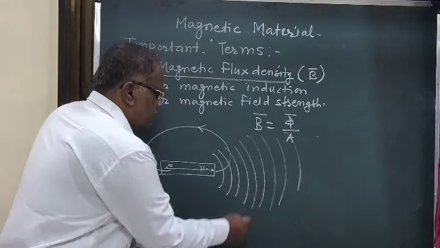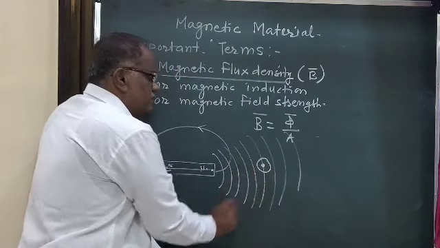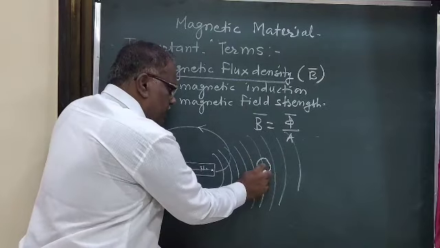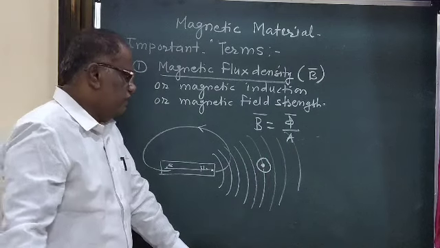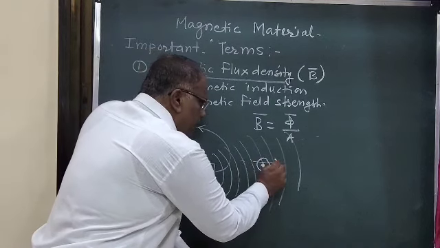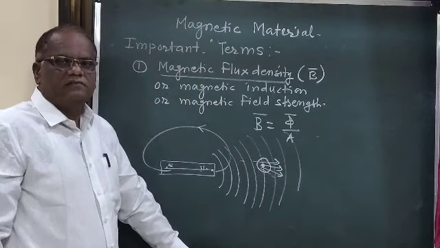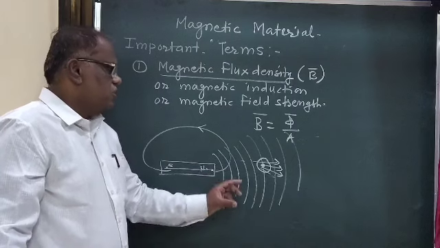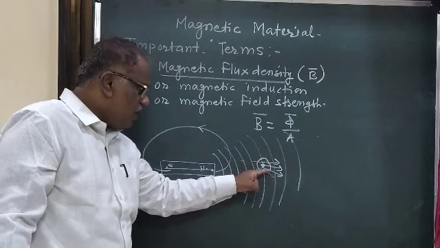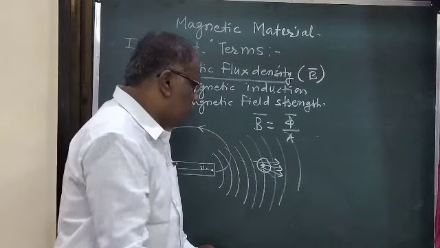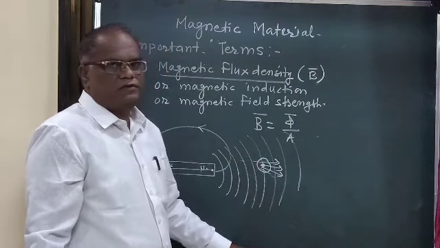Now if we have to find the magnetic induction or magnetic flux density or magnetic field strength at this point in the magnetic field, then determine the magnetic lines of force crossing this area normally, means total number of magnetic lines of force crossing unit area drawn around a point normally gives magnetic induction, magnetic flux density at that point.